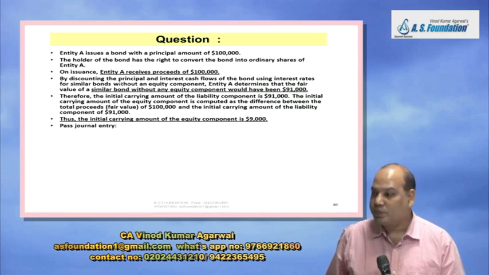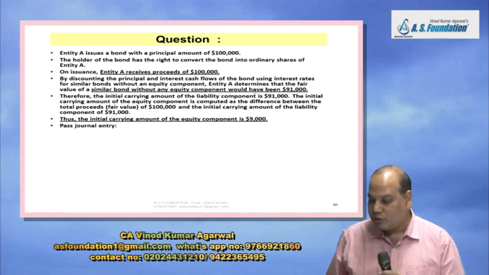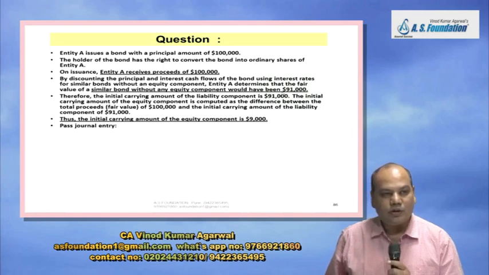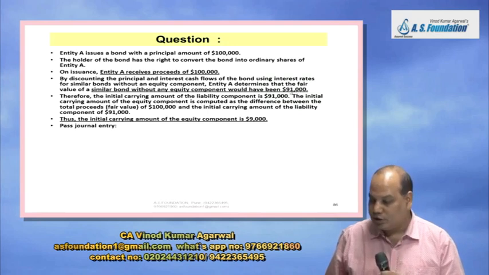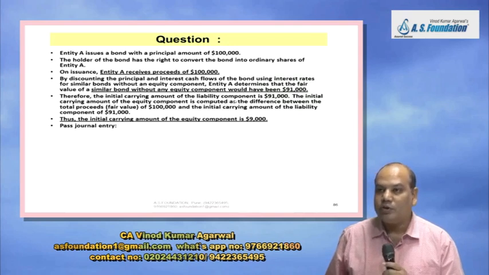By discounting the principal and interest cash flow of the bond using the interest rate for a similar bond, but without an equity component, entity A determines that the fair value of the similar bond without any equity component would have been $91,000. So working note 1 they have already done for you. Present value table they have completed. They got 91,000. Therefore, the initial carrying amount of the liability component will be $91,000.